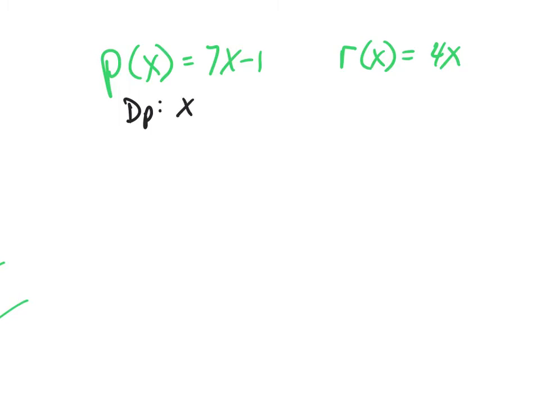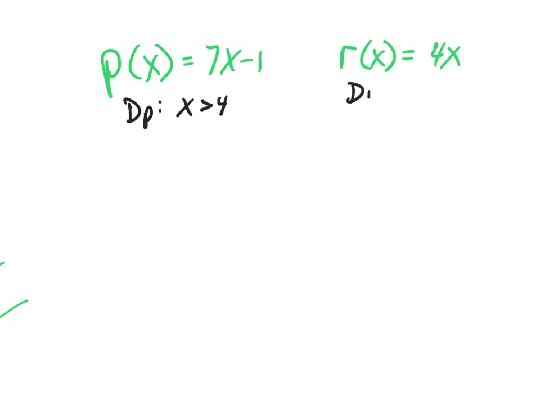P of x, well, I've got to get you used to functions being any letter, is equal to 7x minus 1. And r of x is equal to 4x. Oh, and by the way, the domain of P is given to you, even though normally it'd be all reals. In this case, x has to be bigger than 4.